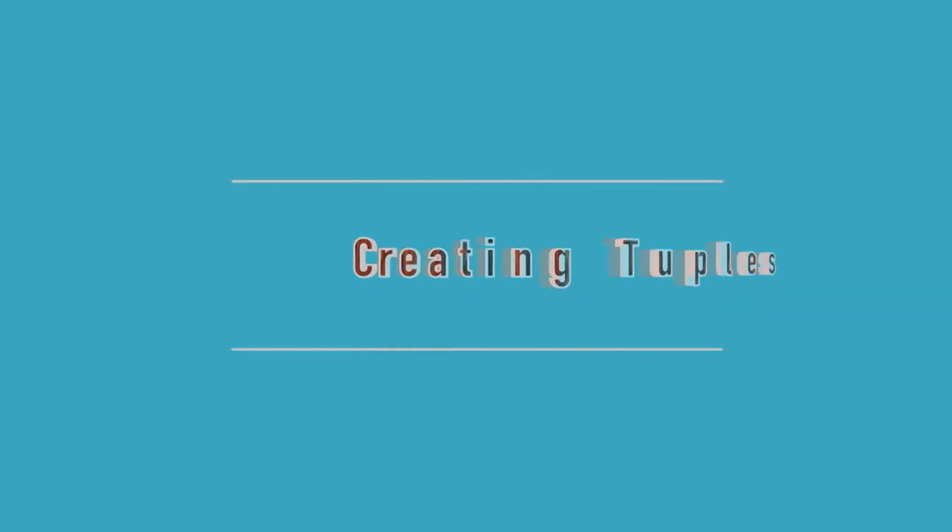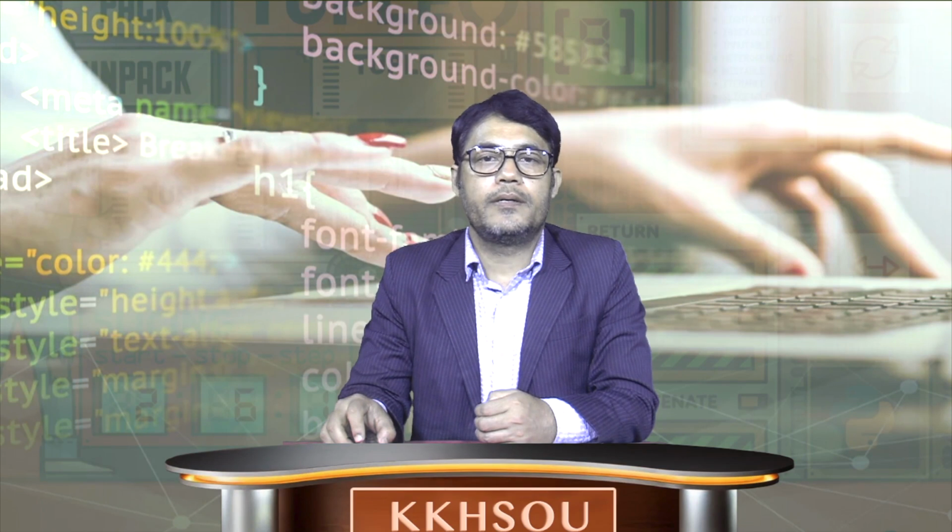Till now, we got an idea about what actually a tuple is, its characteristics, and various uses. Let us now learn how to create tuples. A tuple is created by placing all the elements inside parentheses separated by commas.